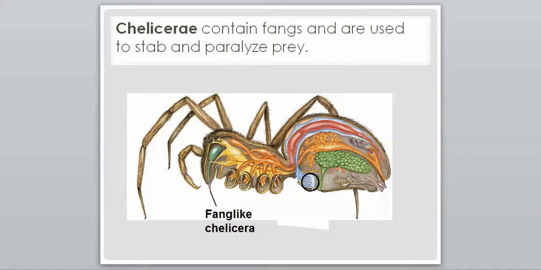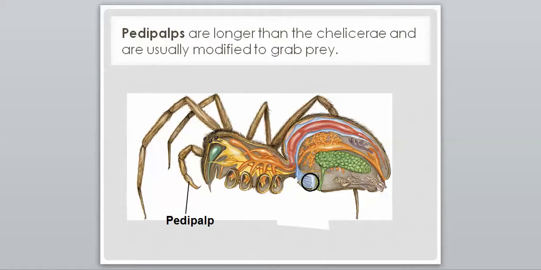So the fangs that are found inside of our spiders are just what we can call an appendage. So fangs are actually appendages as well as antennae. And then a pedipalp is another kind of appendage that they have, and they are longer than the chelicerae, and they're usually modified to grab prey. So right by their face they actually have 2 sets.